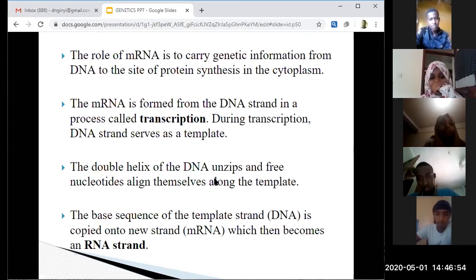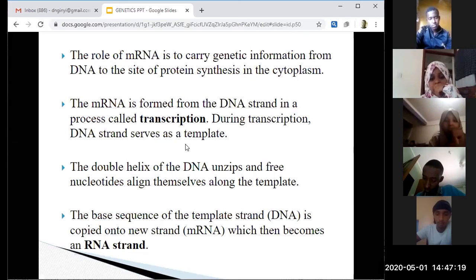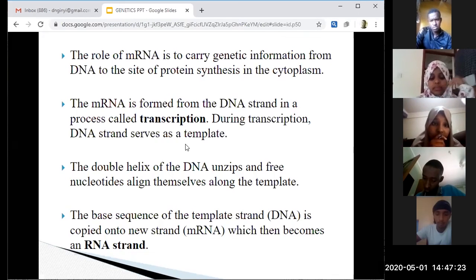So I beg to proceed and describe transcription very fast so that we can also look at translation. The genetic information stored in the DNA molecules in the nucleus needs to be transferred to the ribosomes in the cytoplasm. How does that take place? It takes place through an intermediary, which is the messenger RNA.